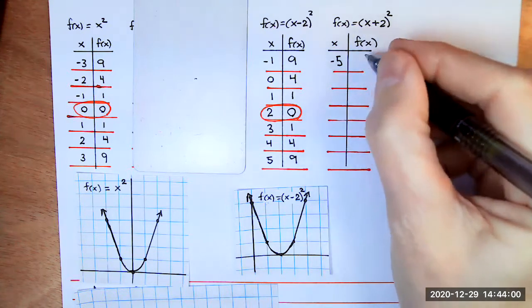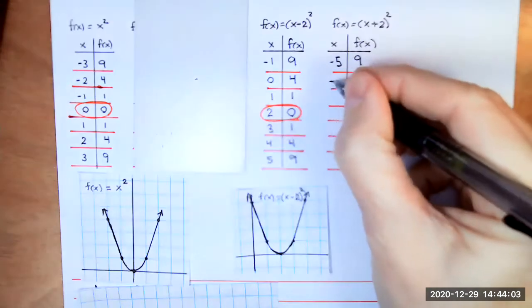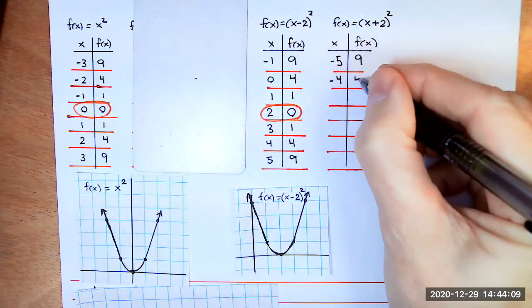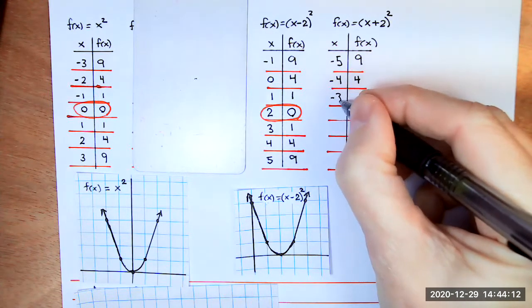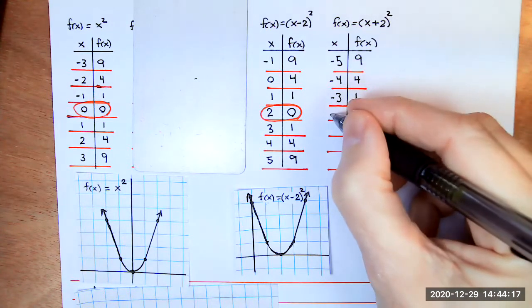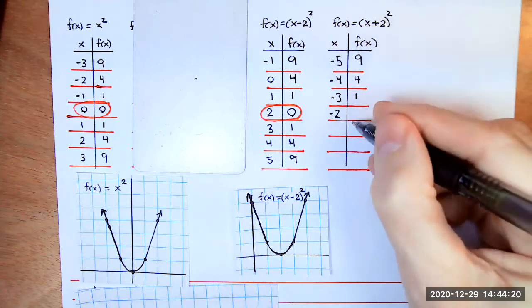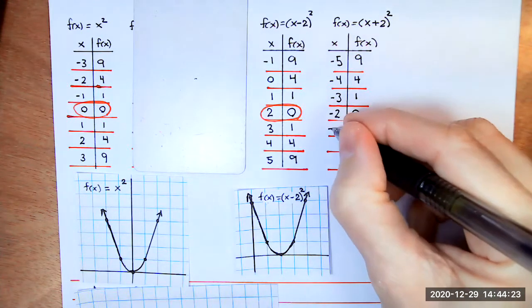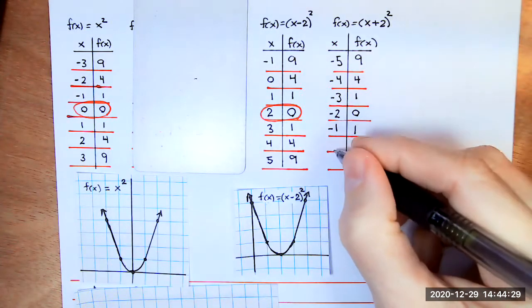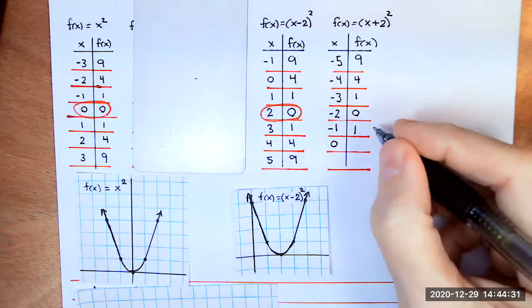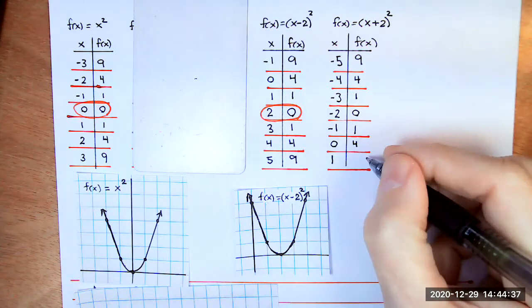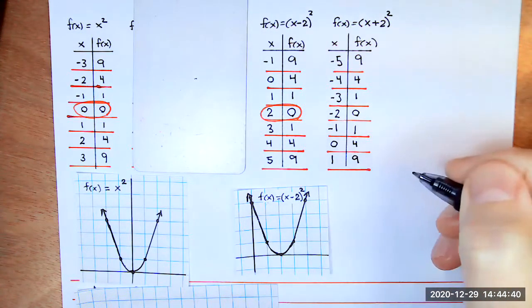Negative 5 plus 2 squared is 9. Negative 4 plus 2 squared gives us 4. Negative 3 plus 2, the quantity squared, is 1. Negative 2 plus 2 squared is 0. Negative 1 plus 2 squared is 1. 0 plus 2 squared is 4. 1 plus 2 squared is 9.